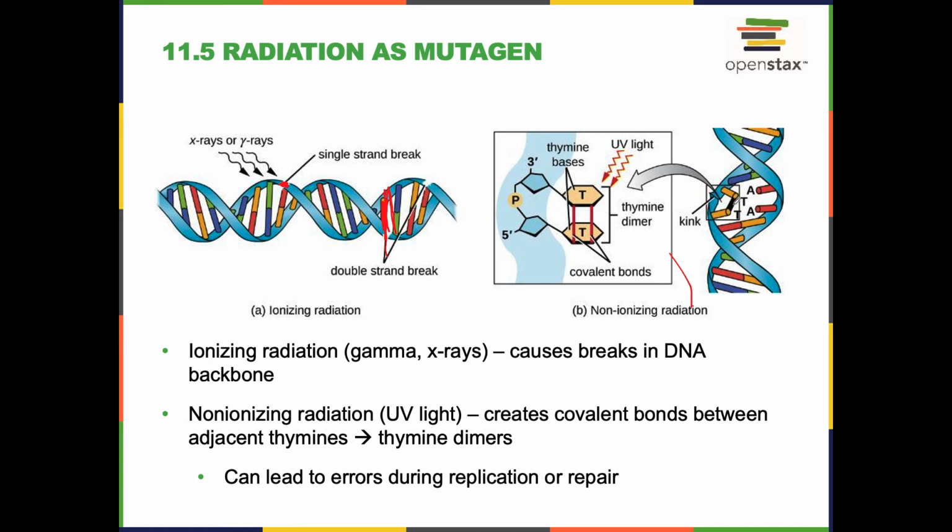We do have mechanisms to fix it, once again, right? But if there's enough of these, look, these are also adjacent thymines, so if these are also joined, right? Sometimes when you're trying to fix it, what ends up happening is that this gets lost, right? So once again, frameshift mutations, right? So radiation generally causes frameshift mutations as it induces either insertions or deletions.